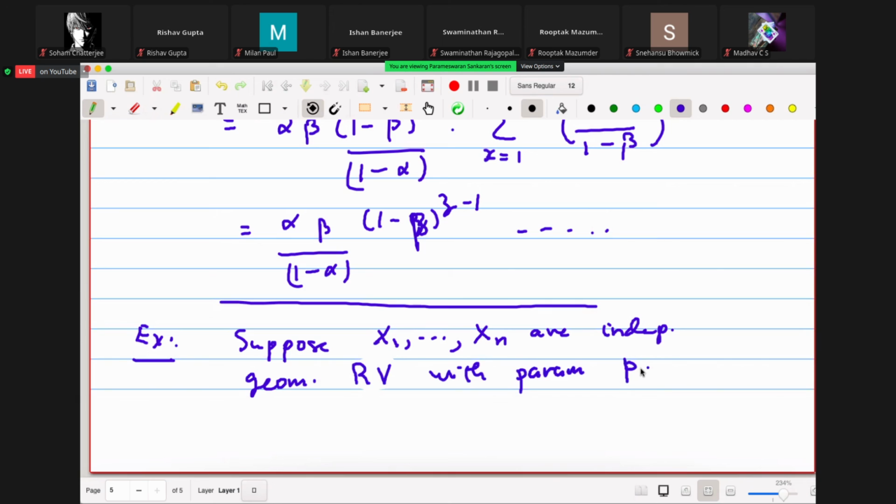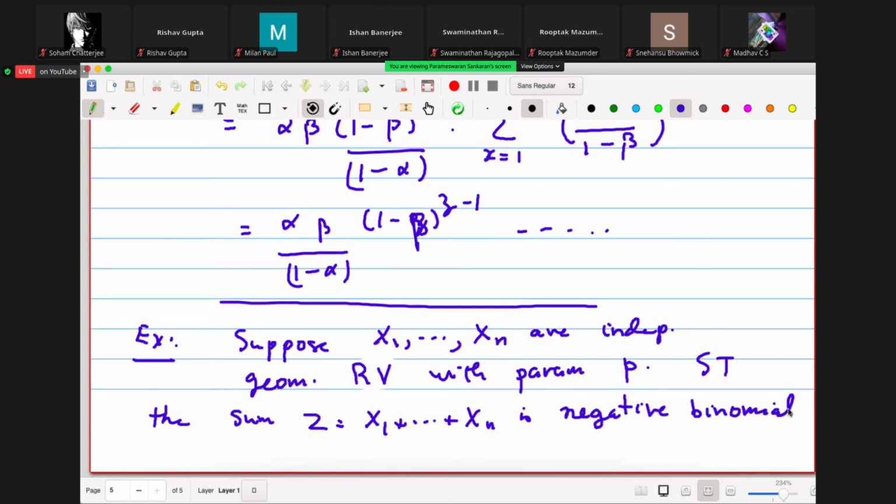So the probability of success is p. Show that the sum Z equal to X1 plus X2 plus etc. plus Xn is a negative binomial random variable. That's it.